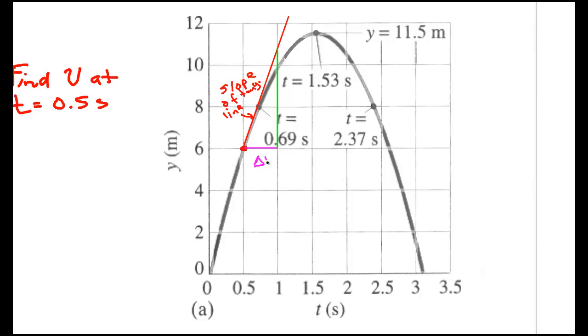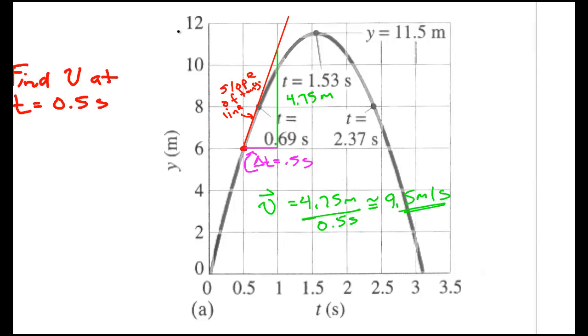So delta t would have been 0.5 seconds. That's right there. And I see that went up 2, 4, about 4.75 is a good estimate. So V looks to be about 4.75 meters divided by 0.5 seconds, which is about 9.5 meters per second at that point.